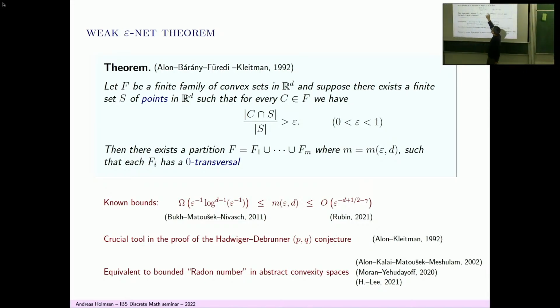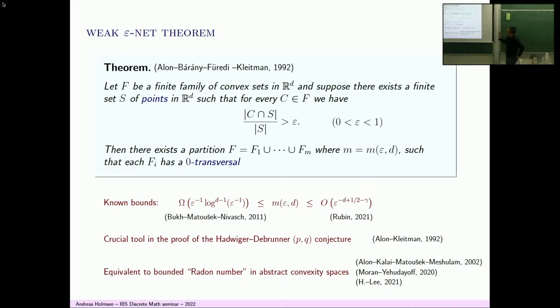What's important to note is that once this measure exists, I can pick m points that will together pierce all the sets of my family. Those points that you find here will typically not be points from S. Typically, you cannot use the points from S. And that's why they call it a weak epsilon theorem, because the piercing points are not selected from the input measure.